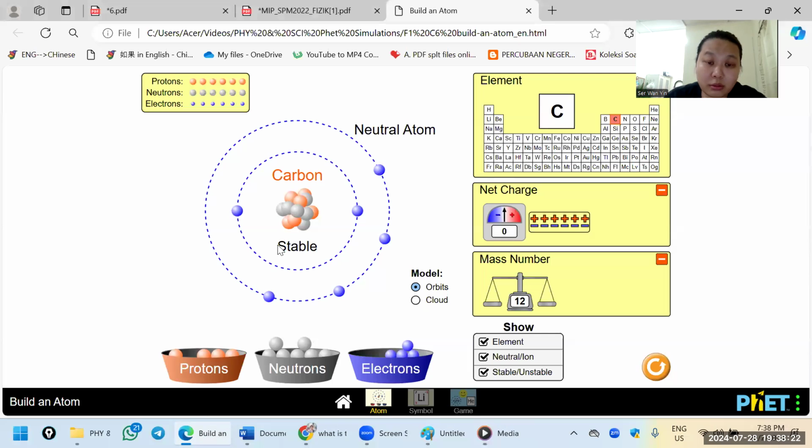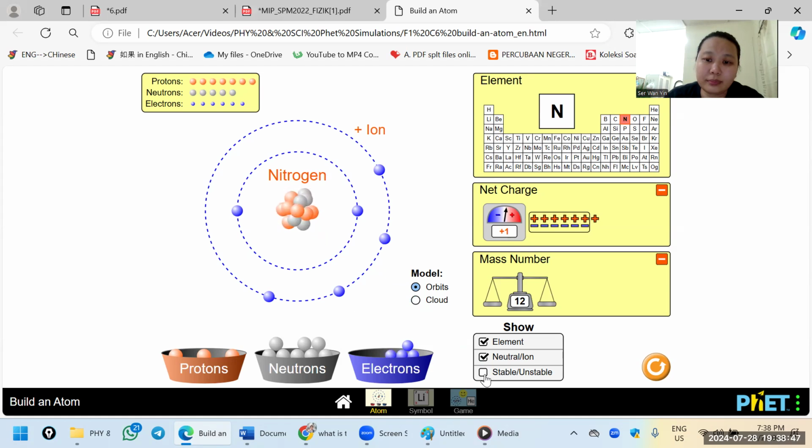That's because this electron is not coming from the original electrons. Actually this carbon will take one neutron and split it up. This neutron splits up to become one proton and one electron.